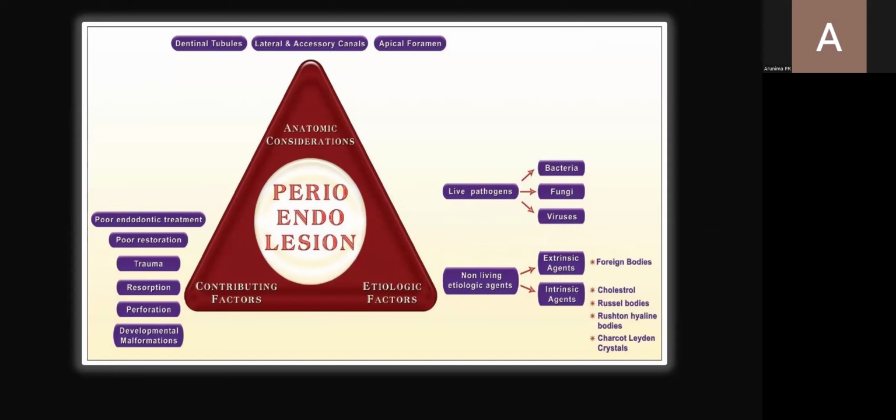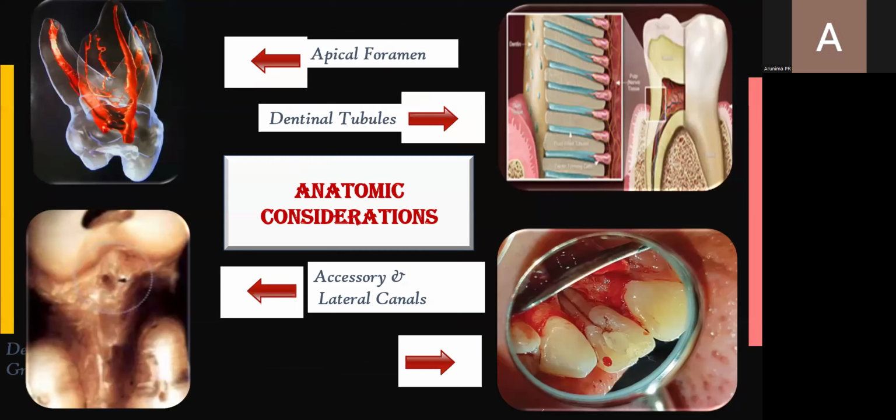And yet another way you can put up the etiology, as mentioned in the slides, is live pathogens, which can be a sole cause for initiating and progressing the lesions, like bacteria, fungi, and viruses. Non-living etiological factors include extrinsic agents, intrinsic agents, and other causes like poor endodontic treatment, poor restorations, trauma, resorption, perforations, and developmental malformations.